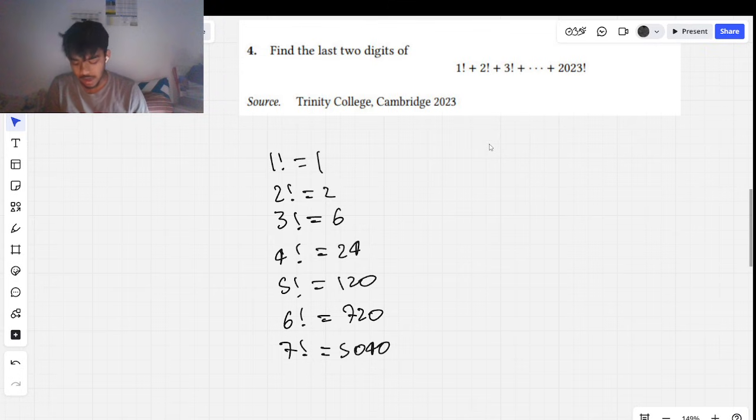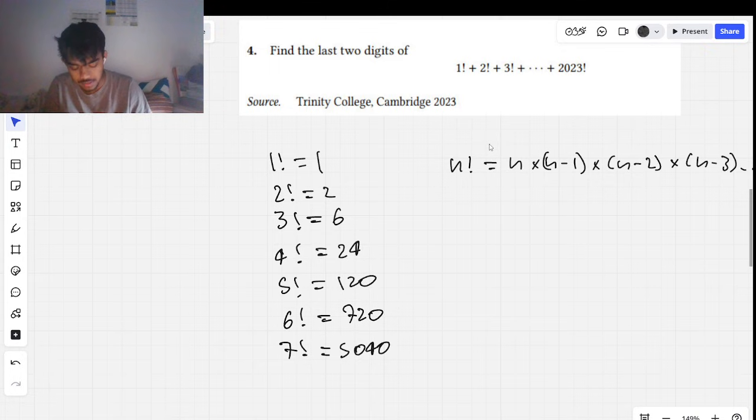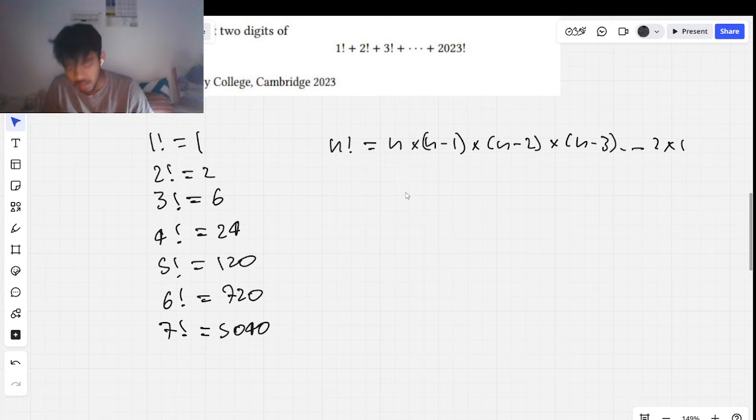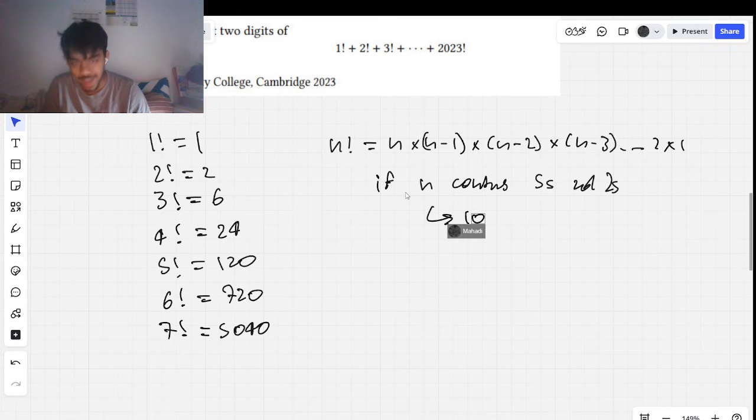Yeah, so I think it's very important to note that for a factorial number, let's say n factorial, which is equal to n times n minus 1 times n minus 2 times n minus 3 and so on, all the way until 2 times 1, if n contains fives and twos, they combine into tens.